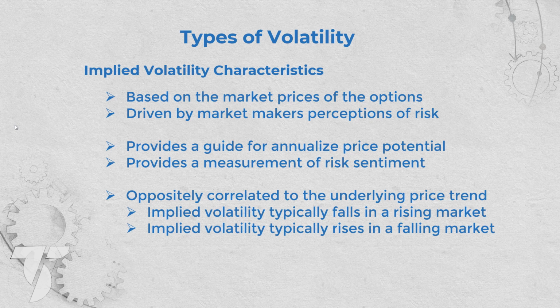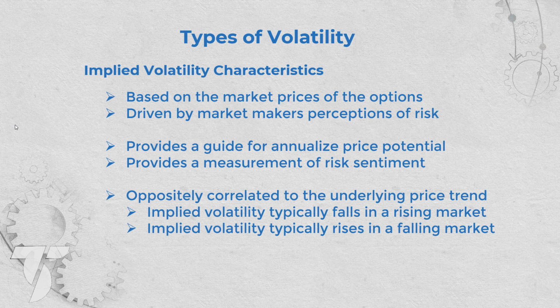So I can say, what is the price potential for 30 days or 60 days or 90 days using that number? We can do some math with that number and project a number of different price ranges for an underlying asset based on implied volatility over some period of days.